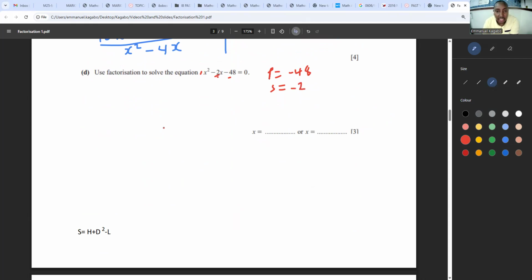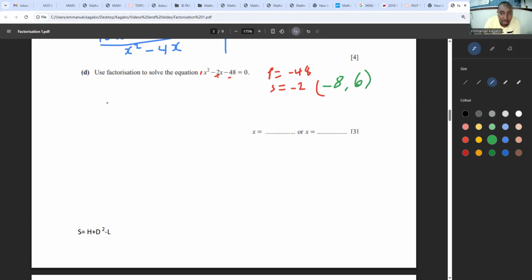If you don't fully understand factorizing, maybe you can send a comment, a message, and then I'll do a topic on factorizing, not doing past papers, just teaching factorizing. Now, what are the two numbers? Two numbers that multiply to minus 48, and when you add them together, that's negative 8 and 6, right? Okay.